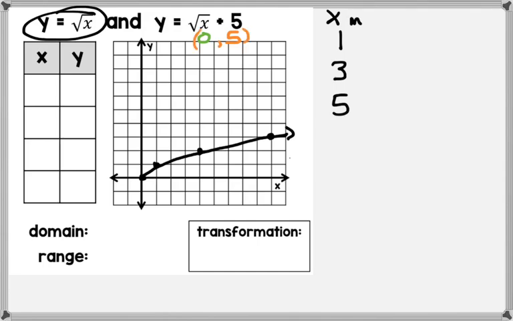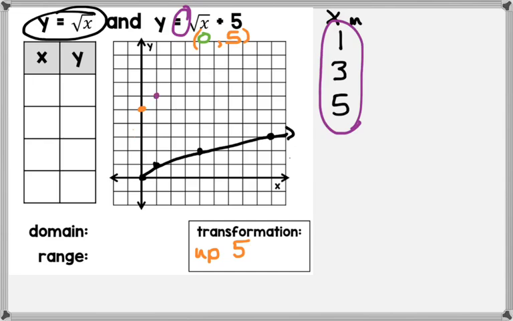So 0, 1, 2, 3, 4, 5. So our transformation is we went up how much? And if you look at the rest, there is nothing in our A spot. That's an A of 1. So that means it's going to follow the same pattern. So let's go ahead and graph this.